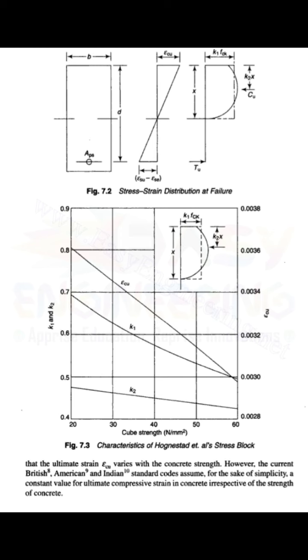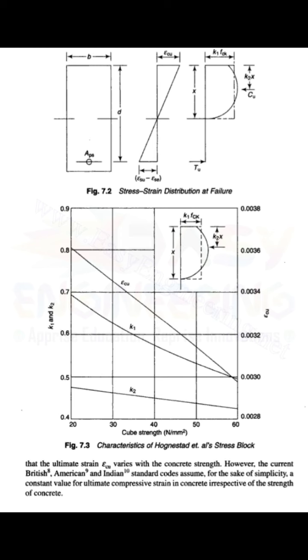The parabolic diagram in the extreme right corner is the stress-strain diagram at failure, where the figure is idealized, with K1 FCK at the top and K2 X as the distance to the compressive force. So that is the stress-strain distribution.